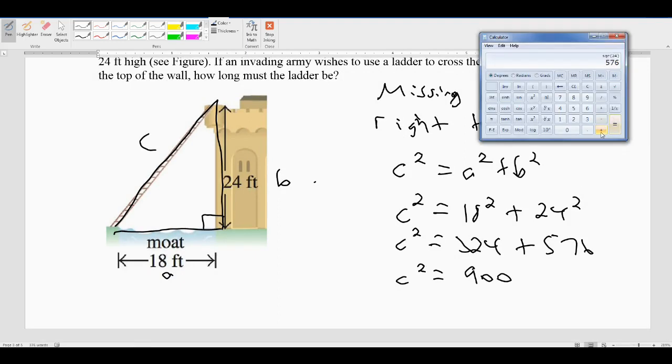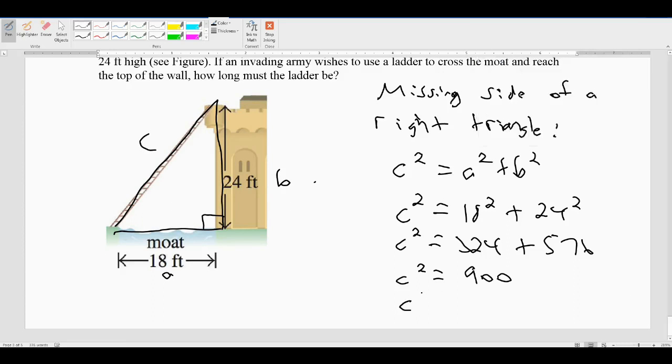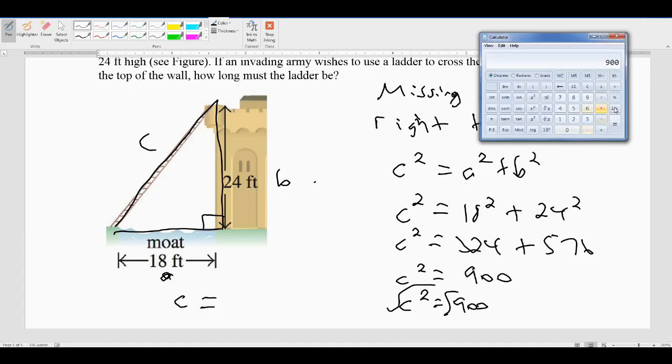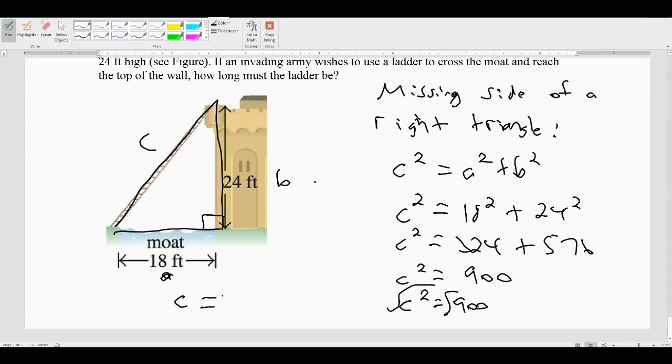Always make sure. 576 plus 324. Well, you know. And then solve this square root, and we get C is equal to probably 30 if I had to guess. And what do you know? The square root of 900 is 30 feet. You need a 30-foot ladder. And that's all.